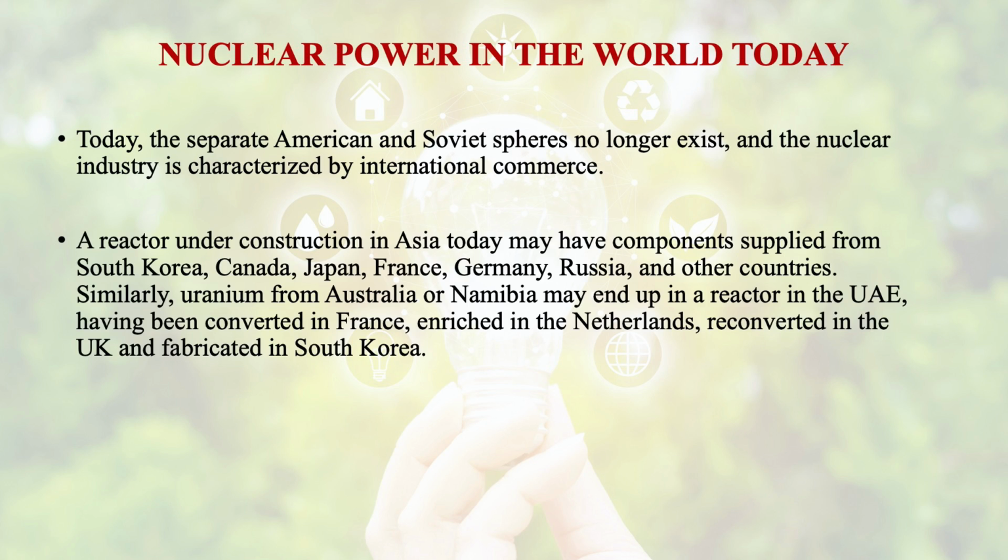A reactor under construction in Asia today may have components supplied from South Korea, Canada, Japan, France, Germany, Russia, and other countries. Similarly, uranium from Australia or Namibia may end up in a reactor in the UAE, having been converted in France, enriched in the Netherlands, deconverted in the UK, and fabricated in South Korea.